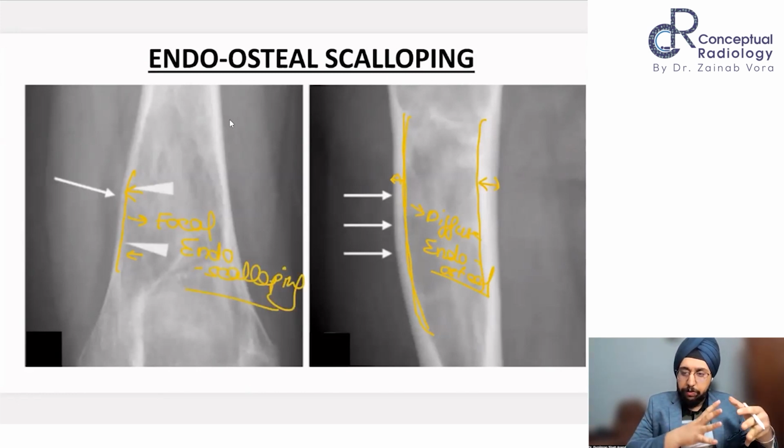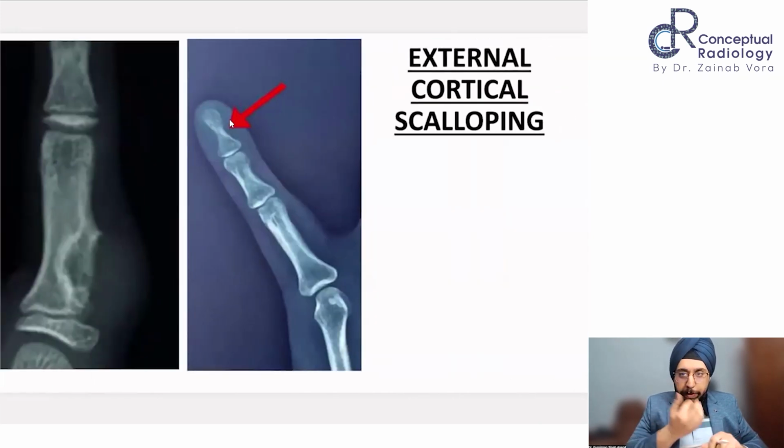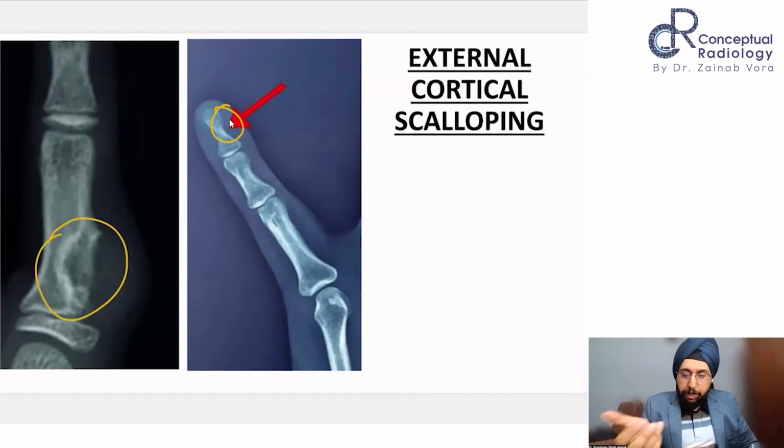We are talking about something outside of the bone which is causing pressure over the outer cortex, causing external pressure induced scalloping. It can be smooth, and for example in cases of chronic osteomyelitis, it can be irregular. We can have sclerosis along with that.